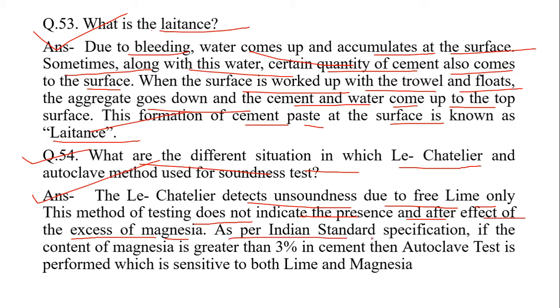As per Indian Standard specification, if the content of magnesia is greater than 3% in cement, then the autoclave test is performed, which is sensitive to both lime and magnesia.